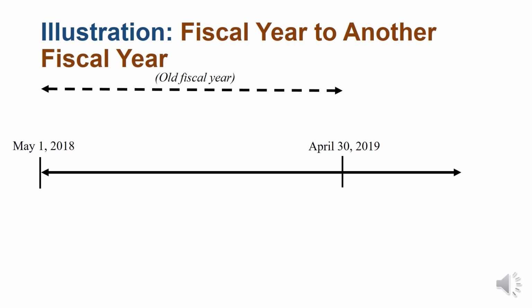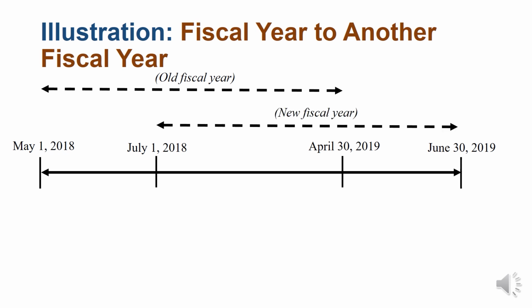And the company decided to change from the old fiscal year to another fiscal year, which begins on July 1, 2018 and ends on June 30, 2019, and years thereafter. So this is the new fiscal year. The decision was made on June 20, 2018. Again, the decision to change is not material or can be ignored.